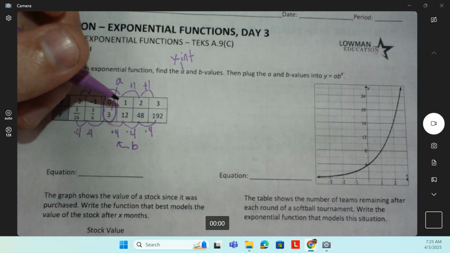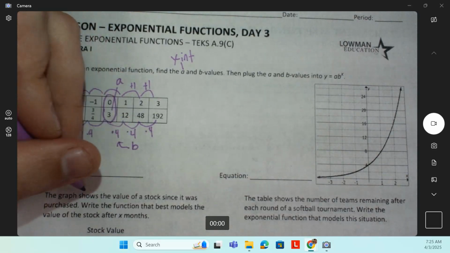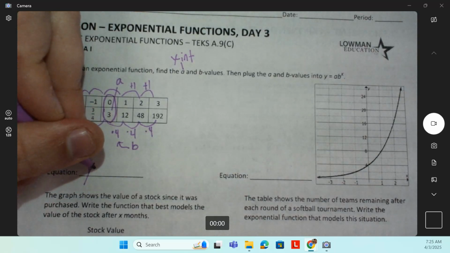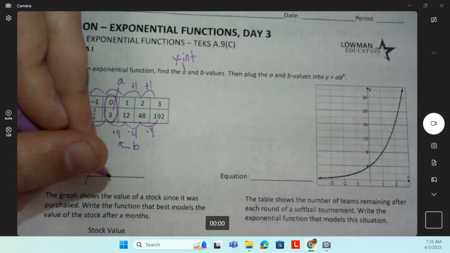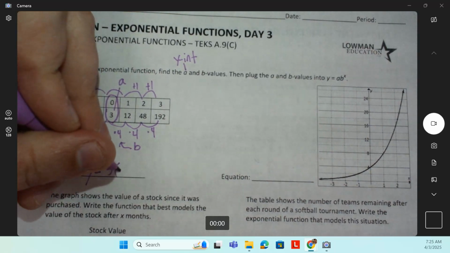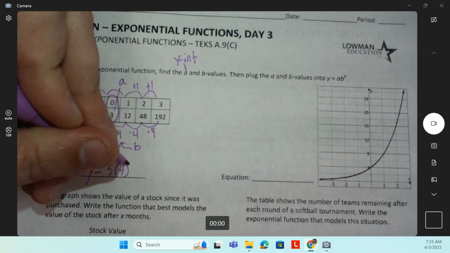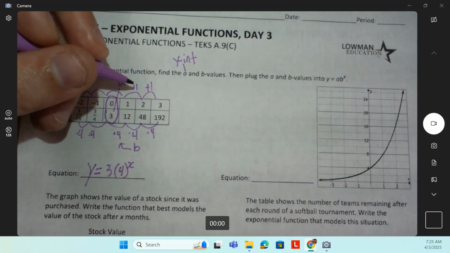With that, those are the only two numbers we actually need. And so y equals 3, which is the a value, times 4 to the x power.